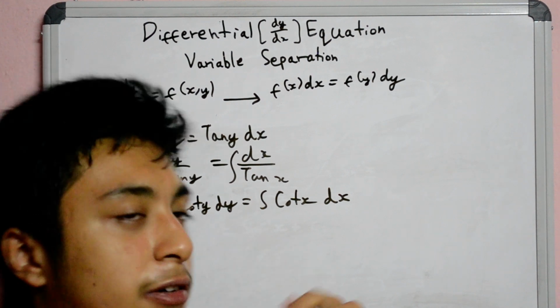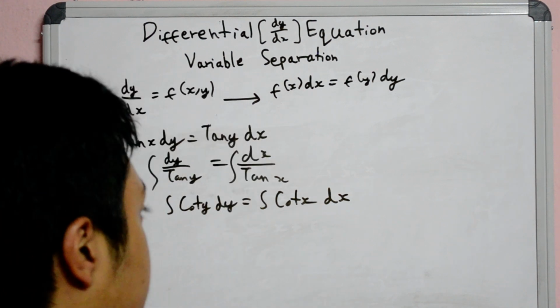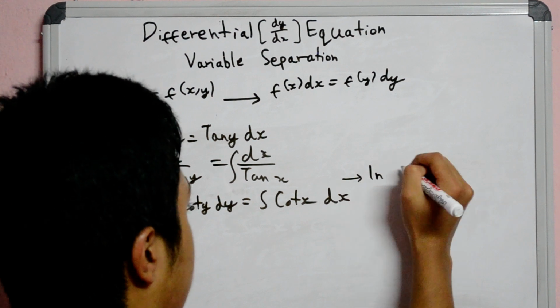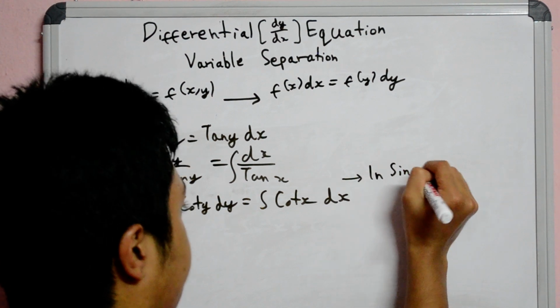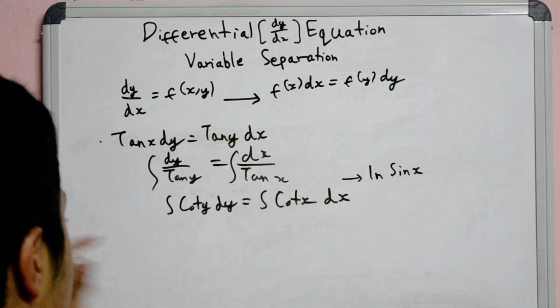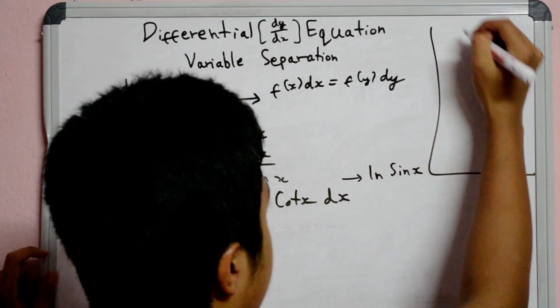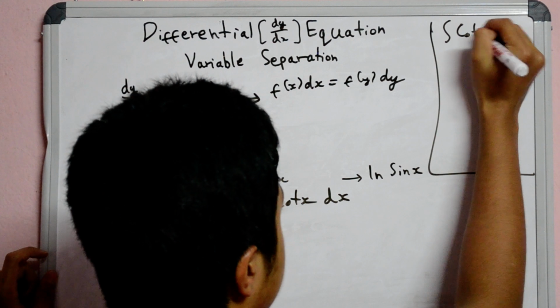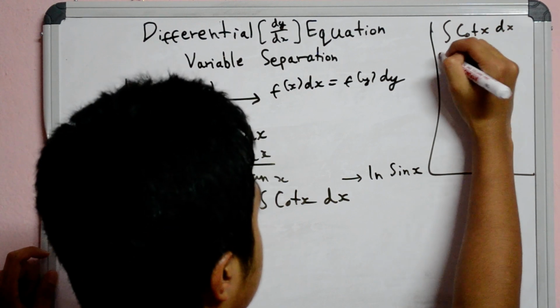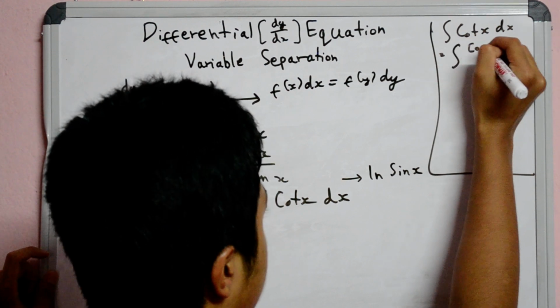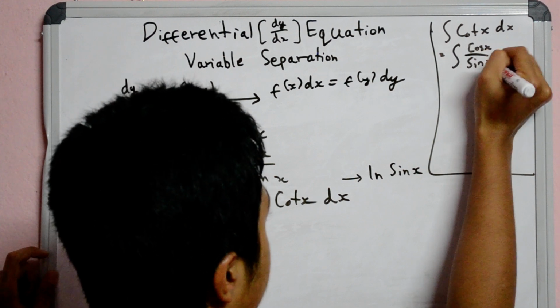Now what is the integration of cot x? Well, if you want it directly, it is log natural of sin x. But let's actually prove it here. So if we have integration of cot x dx, this is just cos x by sin x.